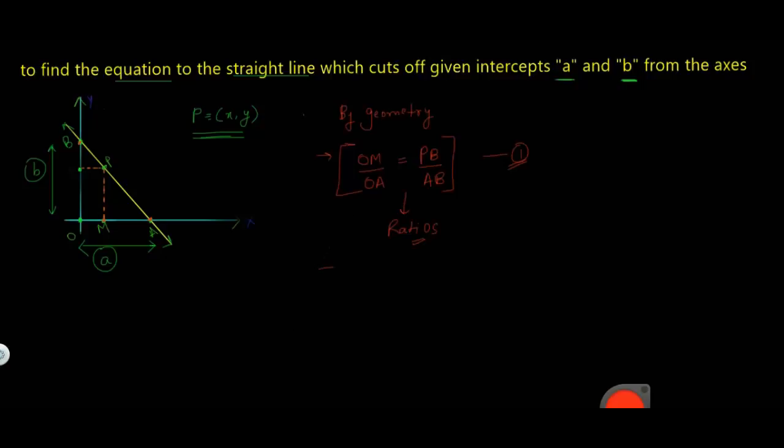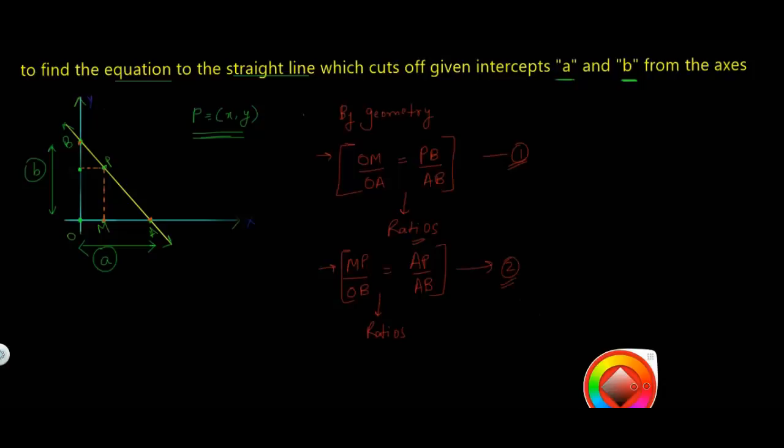My second relation is MP divided by OB is equal to AP divided by AB. Now this is similarly obtained from ratios. This is my second relation. Alright, and now I'm going to add 1 and 2.